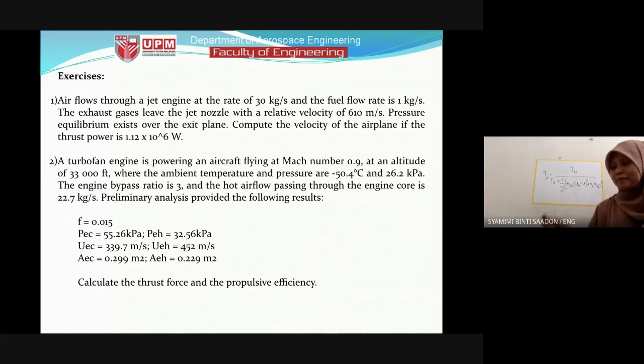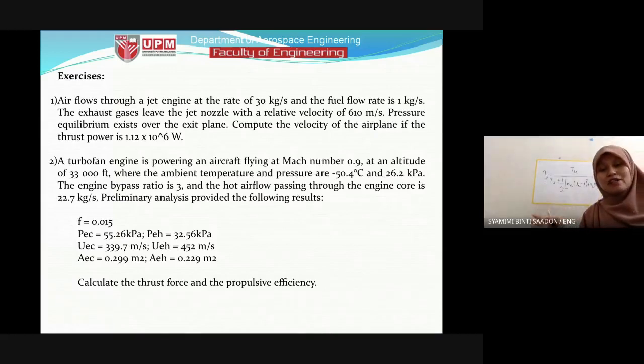For turbojet, by definition, propulsive efficiency is the thrust power divided by the thrust power plus the power wasted. The bottom is the total, and the top is the actual power that the engine produces. So below is the total power inserted.